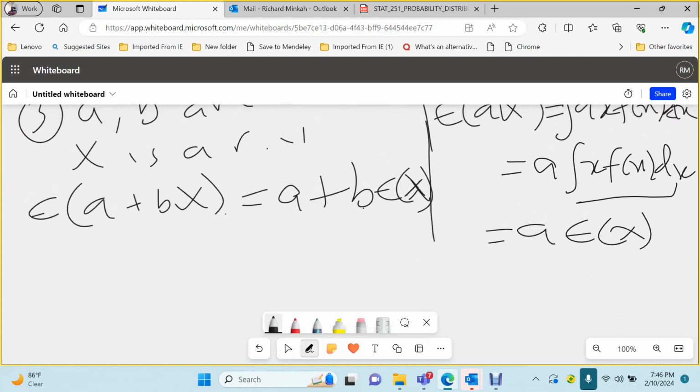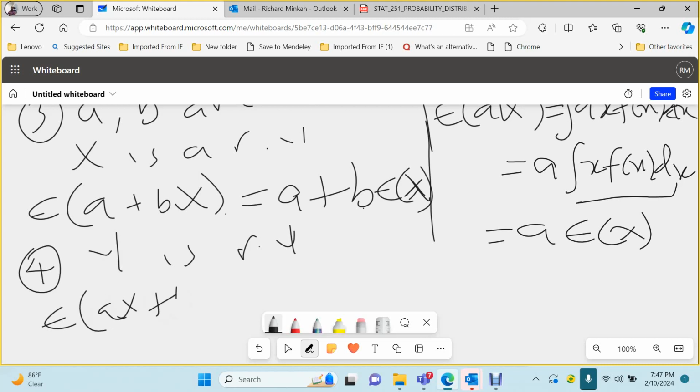4. So I'm continuing from 3. Y is also a random variable. Then what will be the expected value of AX plus BY, from what we have done?